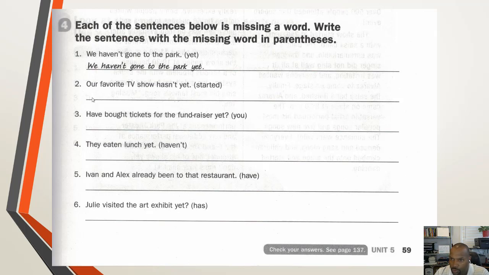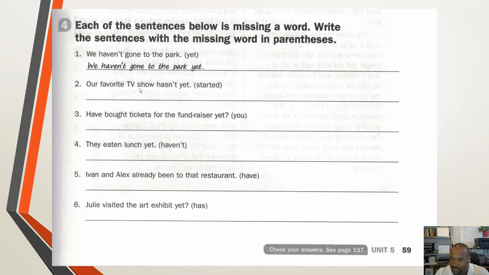Okay, so number 2, because number 1 we've already done, that's been done for us. Number 2, our favorite TV show hasn't yet, and they want us to use started, that's in parentheses. All right, so I wrote, our favorite TV show hasn't started yet.